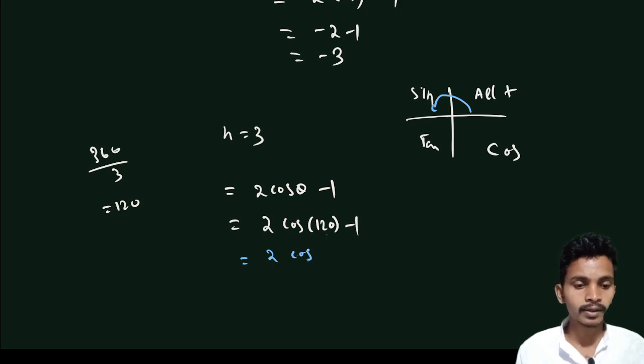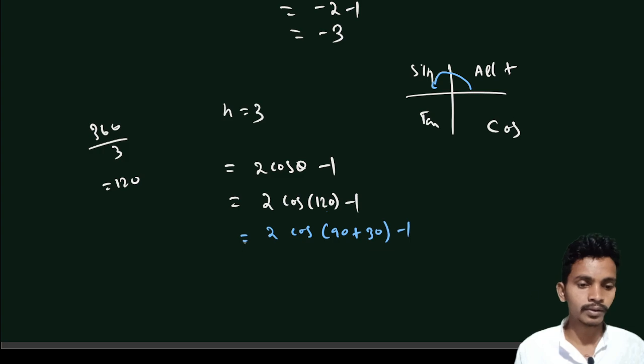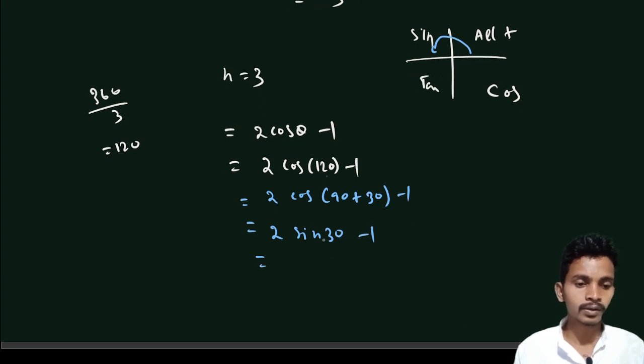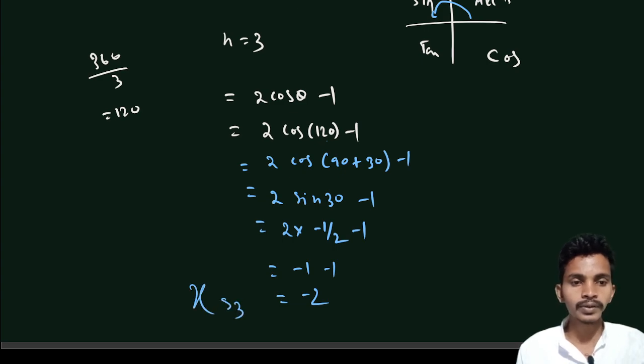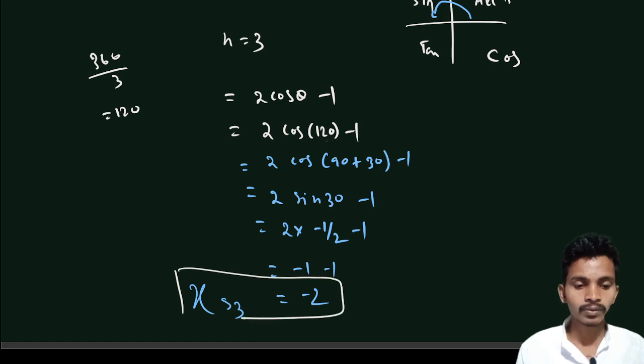I can write cos 90 plus 30 minus 1, so this equals 2 sin 30 minus 1. Sin 30 is 1 upon 2, but this is negative, so 2 into minus 1 upon 2 minus 1 gives minus 1 minus 1, that is minus 2. So the character of S3 is minus 2.